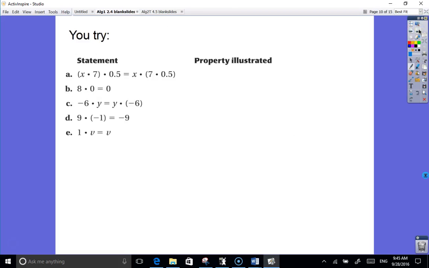What property does the first one look like? What changed from the left side to the right side? The grouping symbols, and that one is associative. Okay, what about the next one? The 0 property, good. How about the next one?